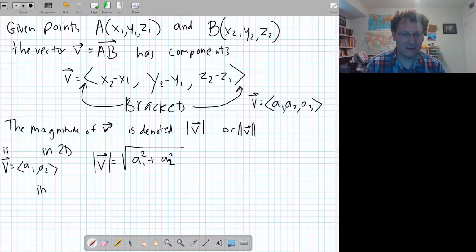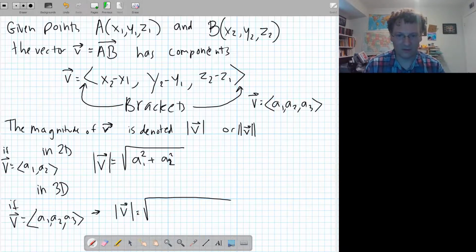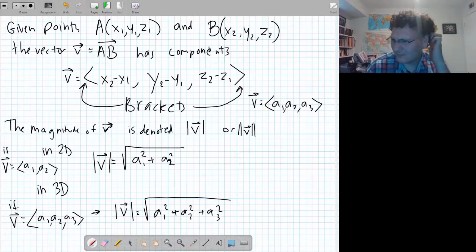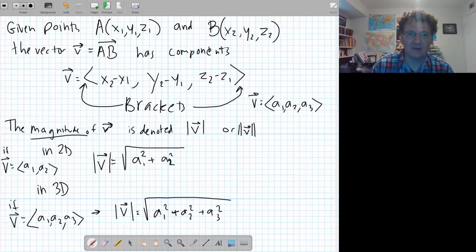In 3D, if your vector V was A1, A2, A3, then your magnitude would be the square root of A1 squared plus A2 squared plus A3 squared. All right. So this is how we get the magnitude of the vector.